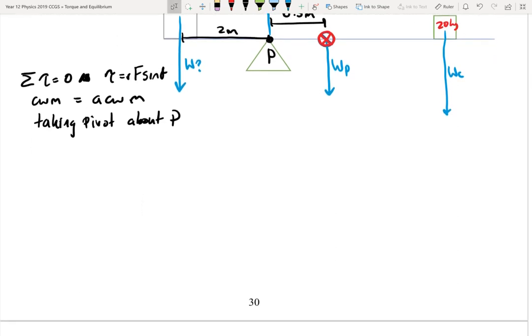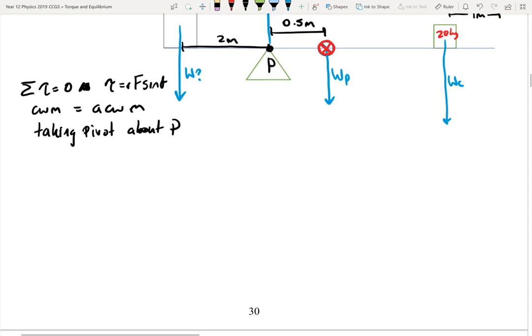Let's write everything out. Let's go clockwise first. We'll go R plank M plank G sine theta plus R child M child G sine theta.